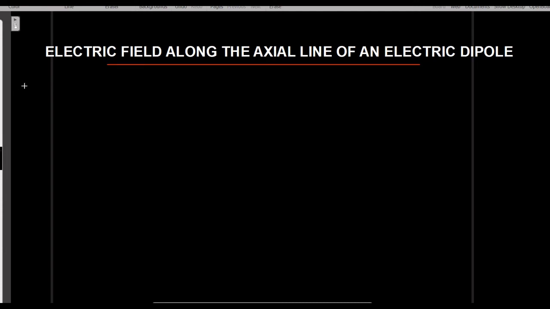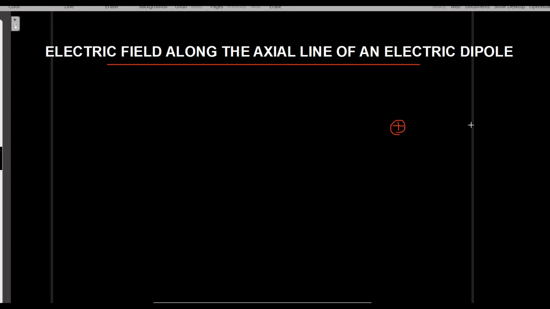Electric field along the axial line of an electric dipole. Now what is an electric dipole? An electric dipole is an assembly of two equal and opposite charges.